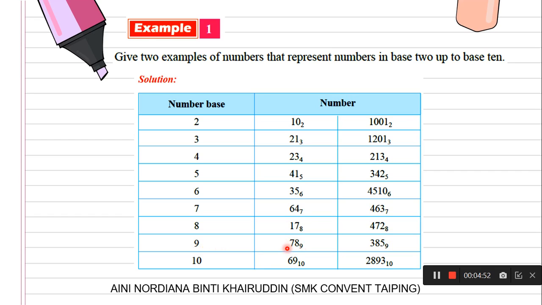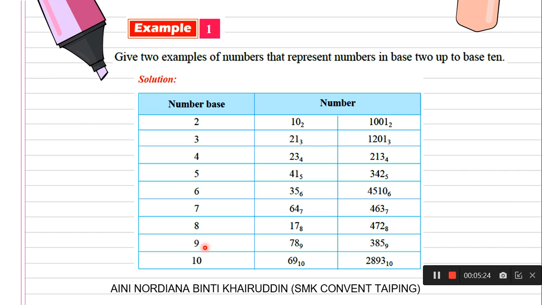Alright, so for base 10, you have a choice whether you want to write a small 10 like this, or you can just write 69. So when you write 69 without the small 10 here, then we understand that this is base 10. But for other bases, you have to write a small number here that represents the base.